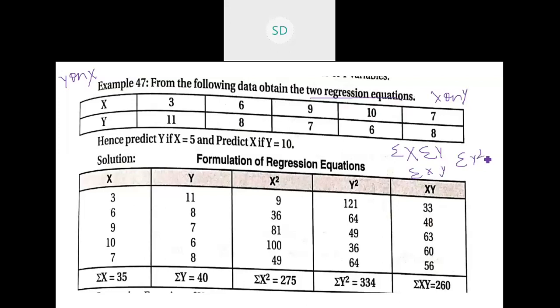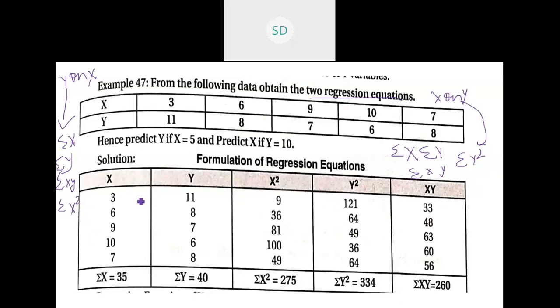These are the important terms for x on y. What were the important terms for the first part of the question? The same: summation x, summation y, summation xy, and summation x square. Here it was x square which was important, here it is y square. So in one table only we will be solving both x square and y square.